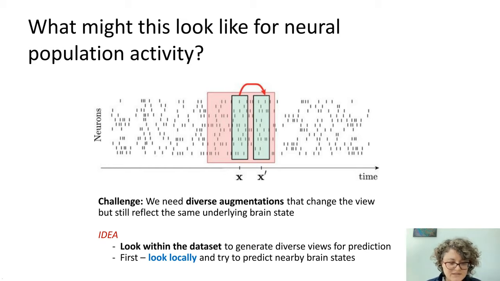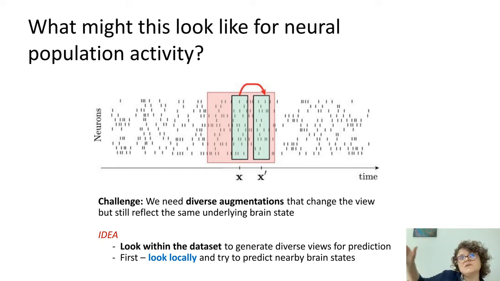But we were interested in whether we could go further than just looking very local in time. Because we don't know the right transformations to apply to create augmentations, ideally we might be able to look within the data set directly to figure out what the sources of variability are that we need to build invariances to. And as I described at the beginning, one of the challenges is that neural activity patterns do drift.